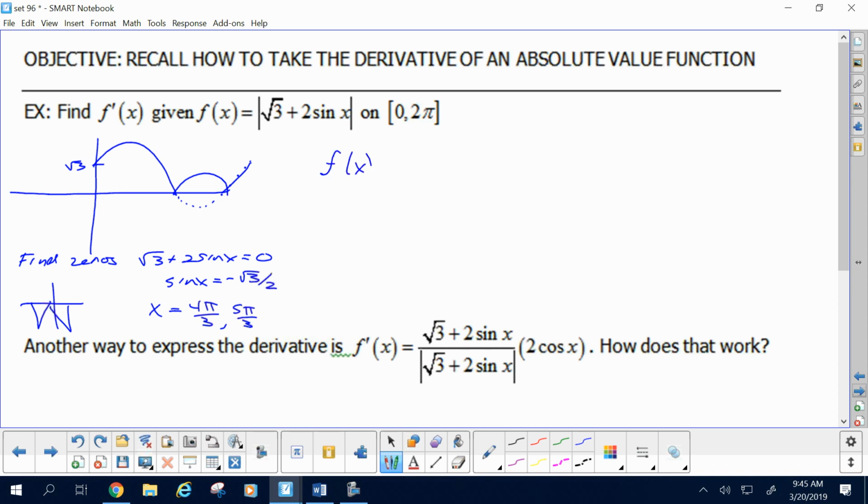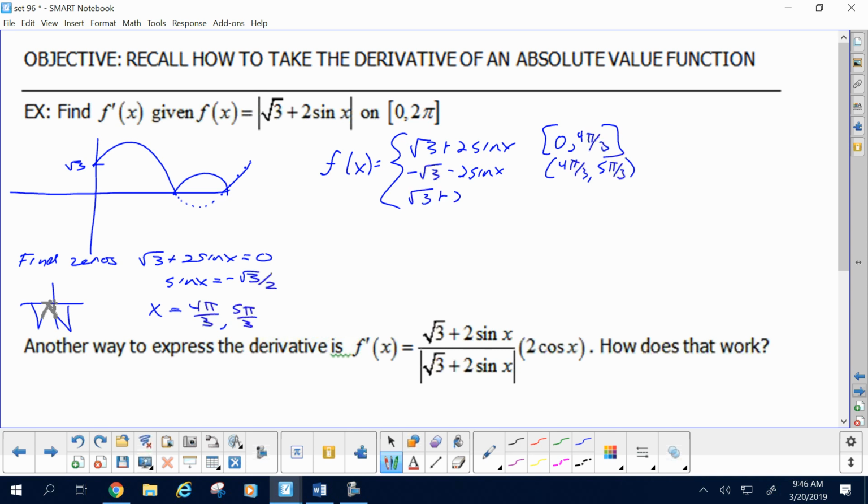The function in a piecewise fashion is unchanged up to 4 pi over 3, then negated from 4 pi over 3 to 5 pi over 3, and then unchanged from 5 pi over 3 to 2 pi. Yay?